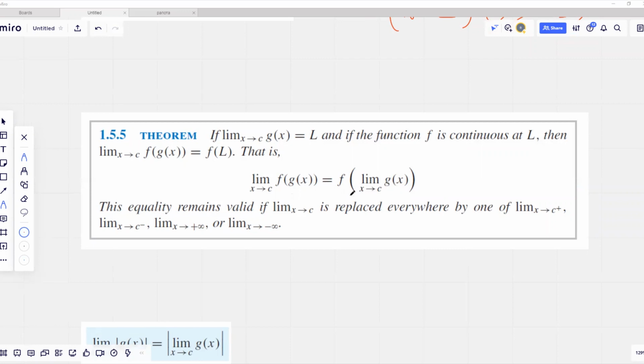And since here we have a two-sided limit, obviously it can be replaced by one-sided limits, and also that will be true for limits at infinity.